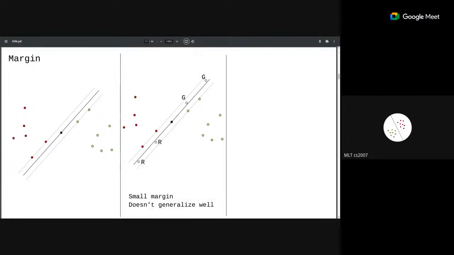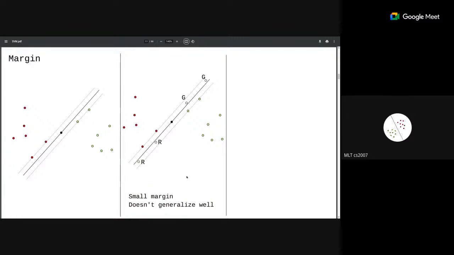What we mean by generalize is that they don't perform well on unseen data. That's ultimately what we want a classifier to do: perform well on data points that it has not seen before. Because of this very narrow margin, there is a higher chance of making mistakes on unseen data points.